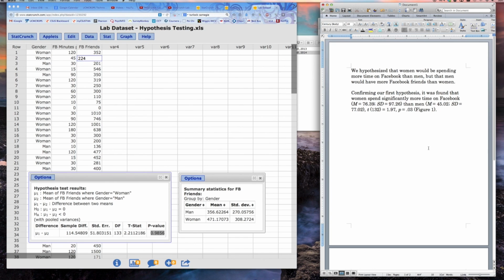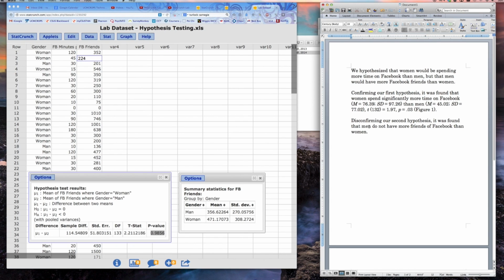So let's see, right here we could say disconfirming our second hypothesis. It was found that men do not have more friends on Facebook than women. And then again, we can put in our statistics here. So again, let's start with the mean and standard deviation for both groups this time.